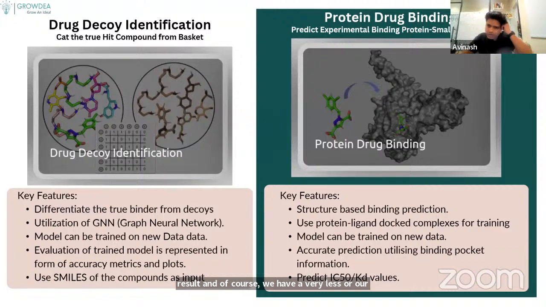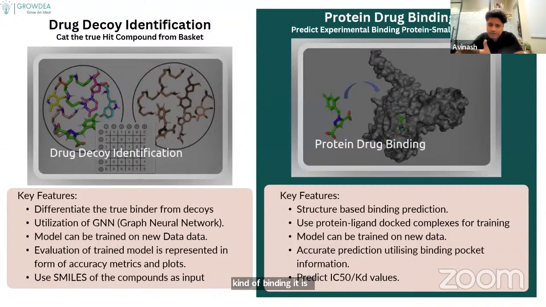But in this tool, we trained it on experimental data, so that if you provide a docked complex to this tool, it will tell you how native or organic the binding is, or is not. And it is based on the IC50.